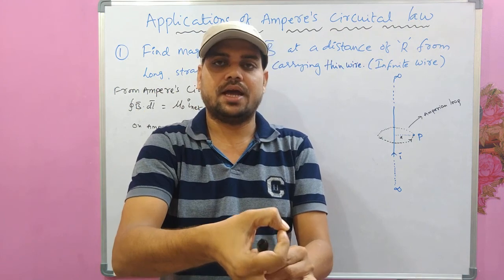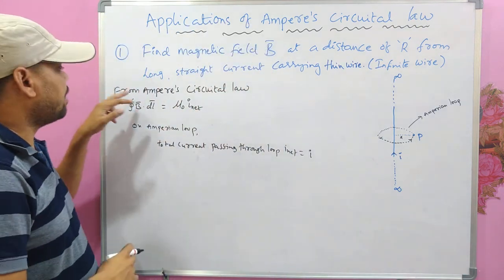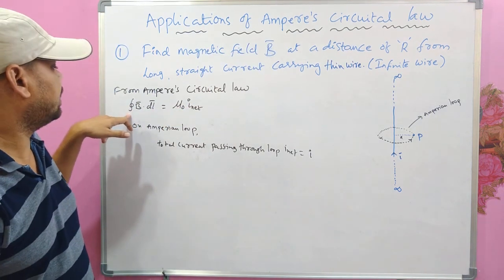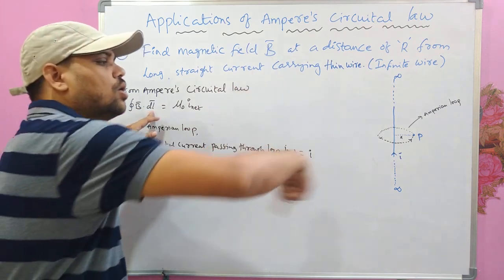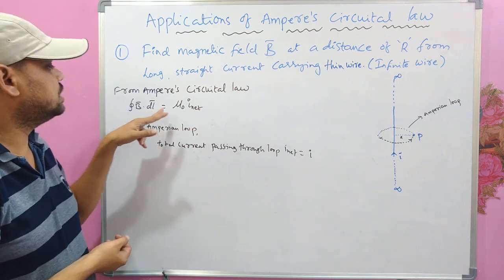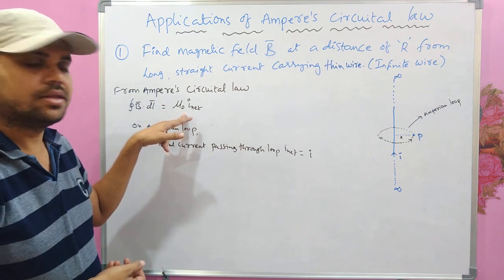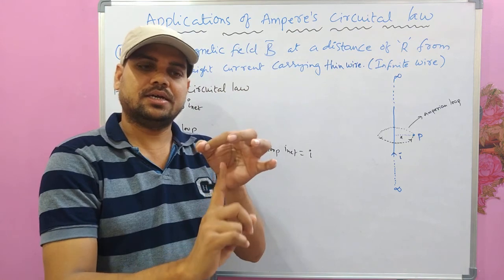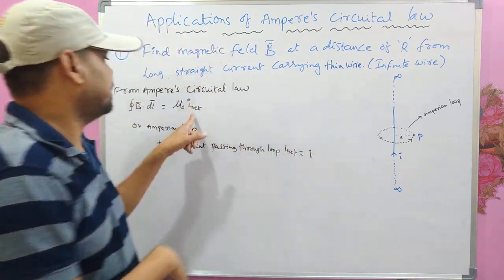So I is the I net here. From Ampere's circuital law, the line integral of B dot dl, taken along the closed loop, that is the Amperian loop, is equal to mu naught times the net current passing through that loop, the current which is crossing the area bounded by the loop, that is I net.